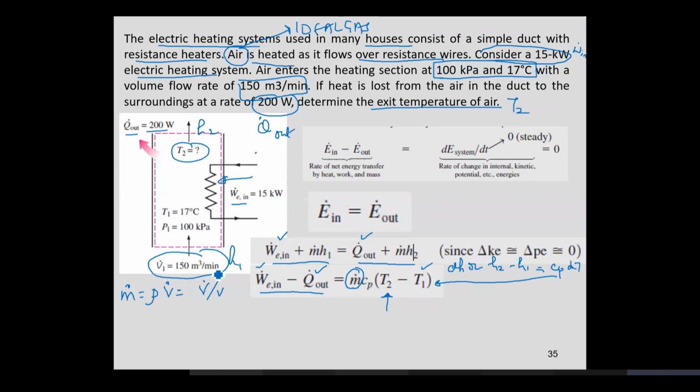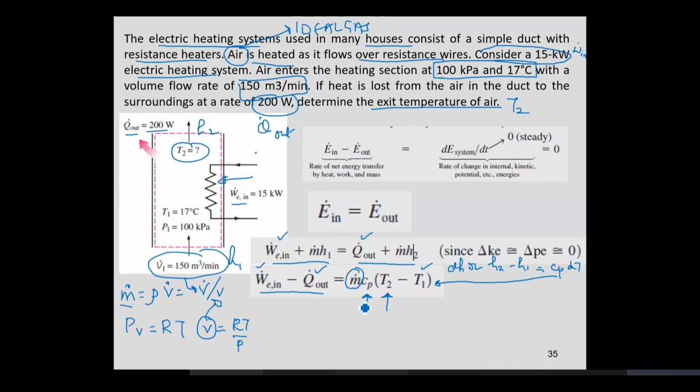Volume flow rate, as you know, is given to me. Since we have assumed air to be an ideal gas, we can apply the ideal gas relationship PV equals RT, or specific volume equals RT over P. This would give me the specific volume. Plug it into the equation and you can find out the mass flow rate.